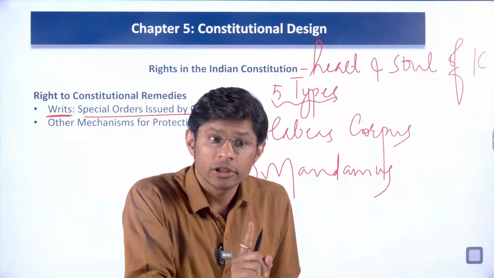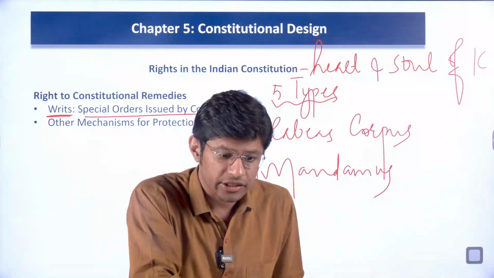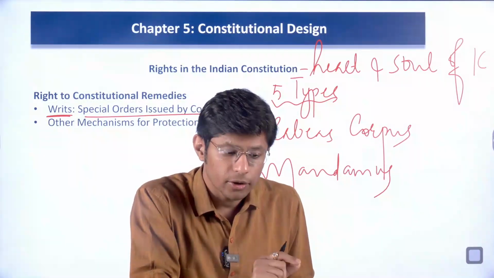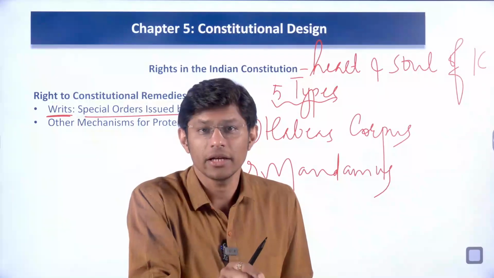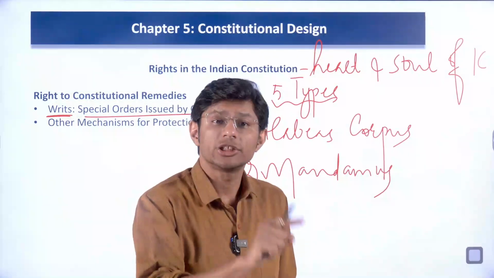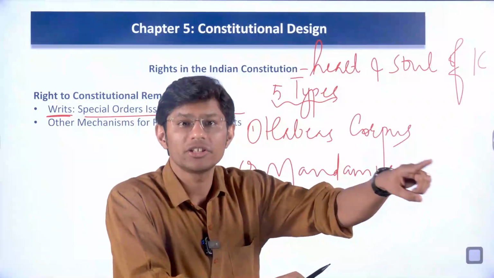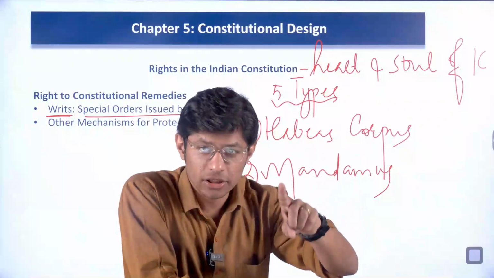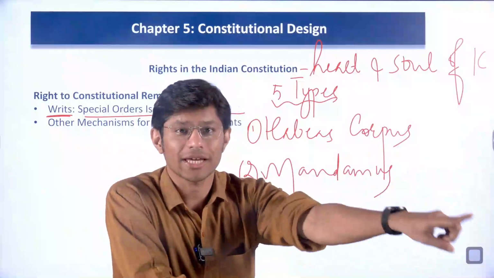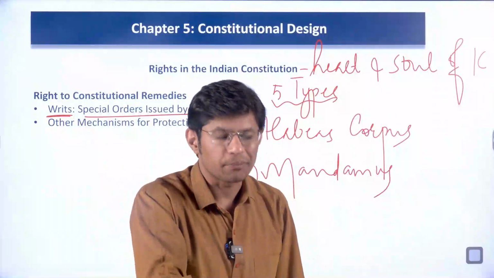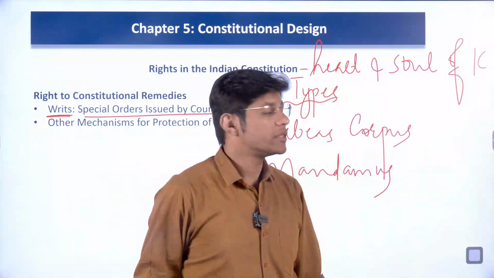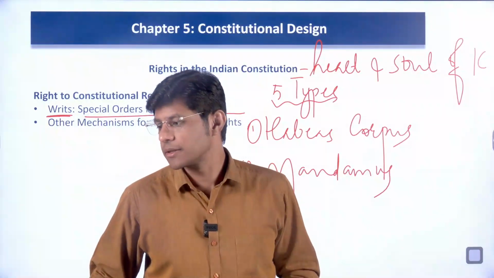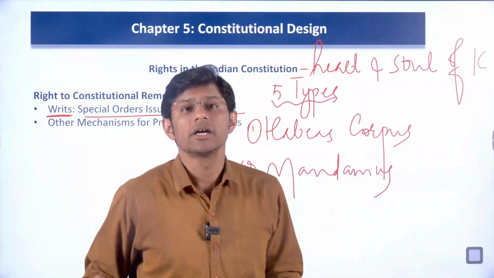Then you can approach the judiciary stating that this officer is refusing to note the crime. Then the court will issue an order to the government official asking why haven't you taken action, and will order the official to take action, which means to lodge a complaint. This is referred to as mandamus.